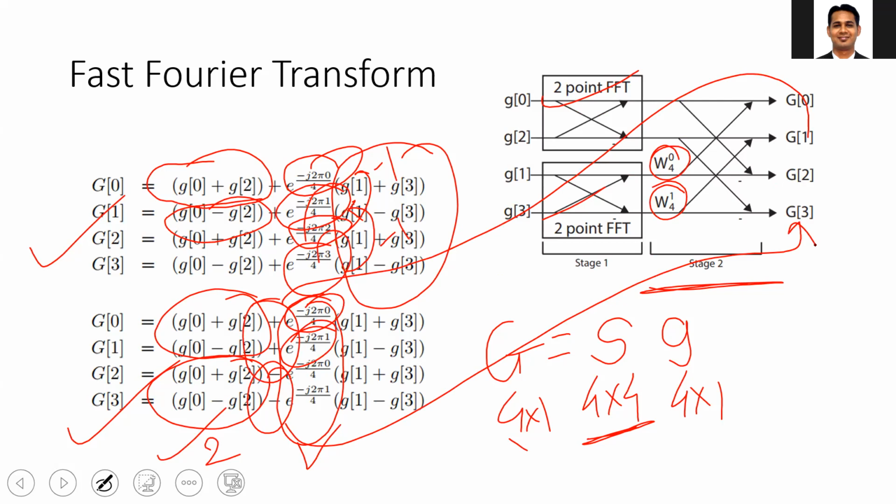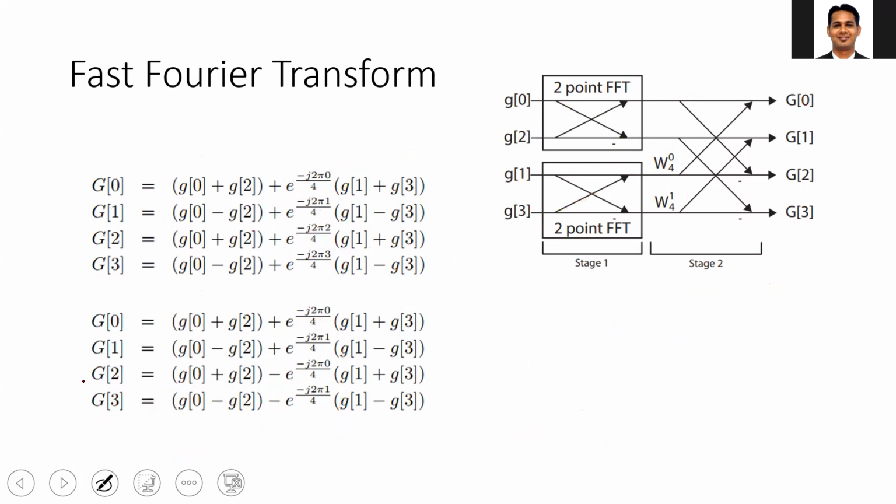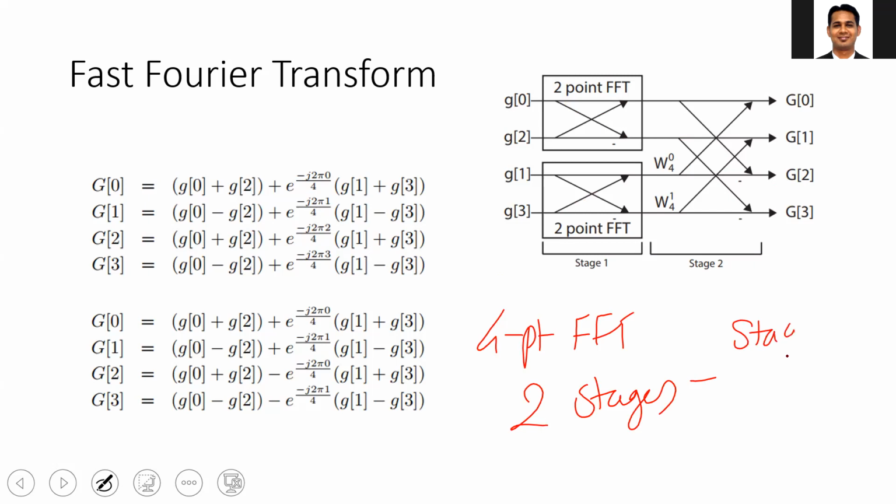So in this case, the 4-point FFT can be implemented using 2 stages. In stage 1, you have the 2-point FFT, and in stage 2, you have the 4-point FFT.